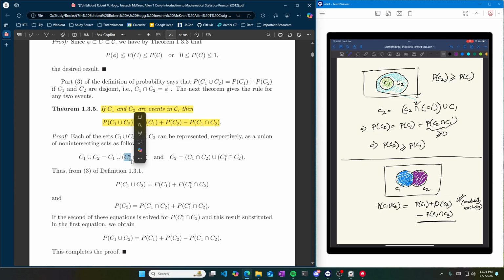C1 intersection everything else intersection C2, and C2 they already know is C1 intersection C2 plus this portion. So you see this portion is the same in between them, right? So we just have to ensure that we replace the probability.